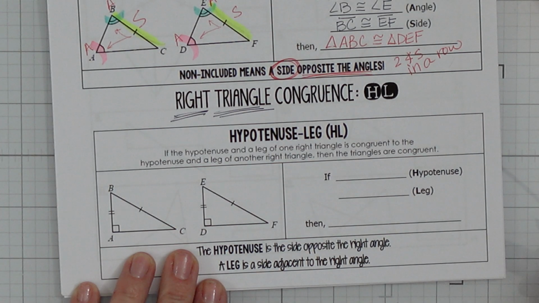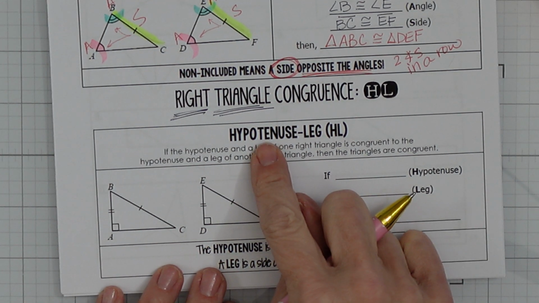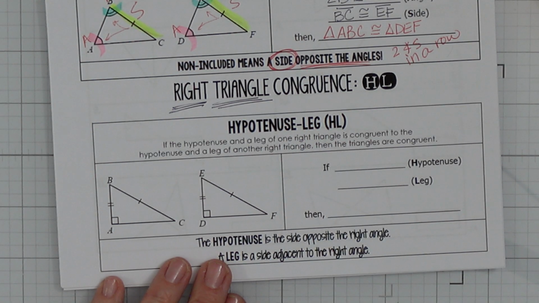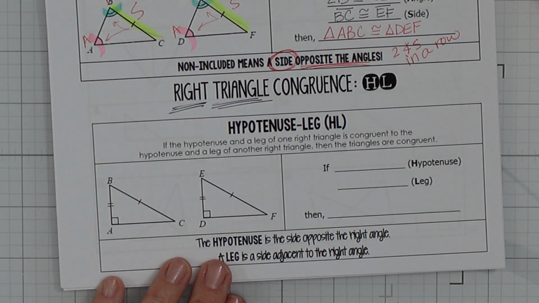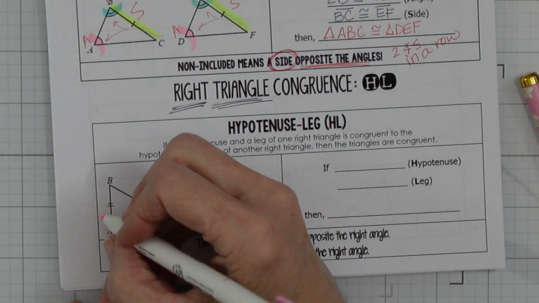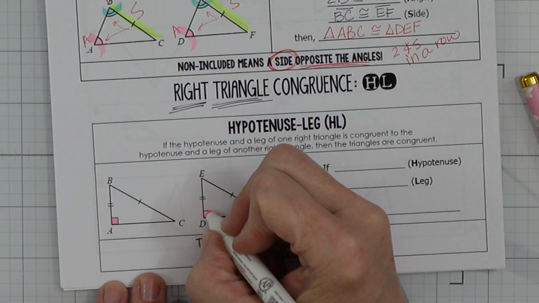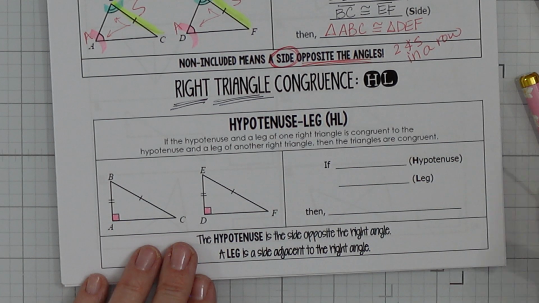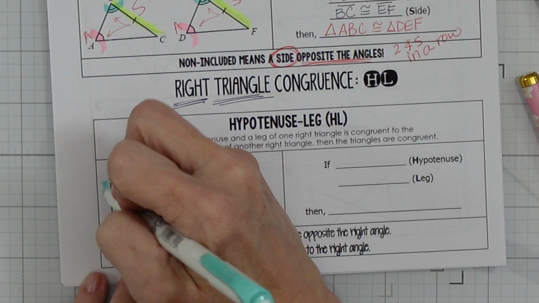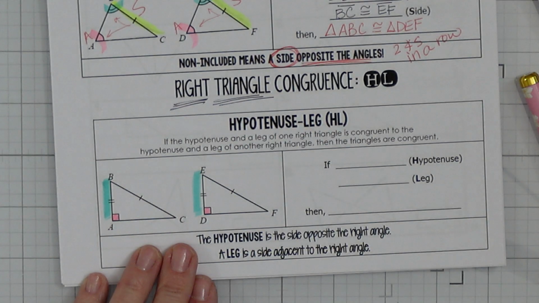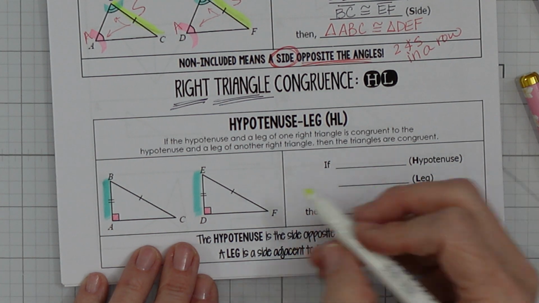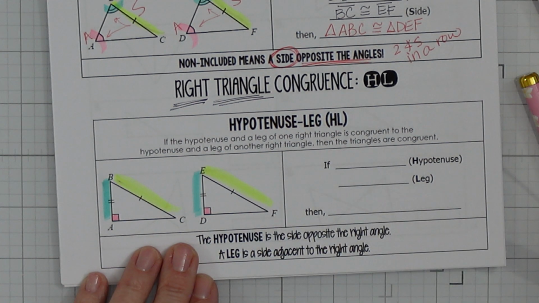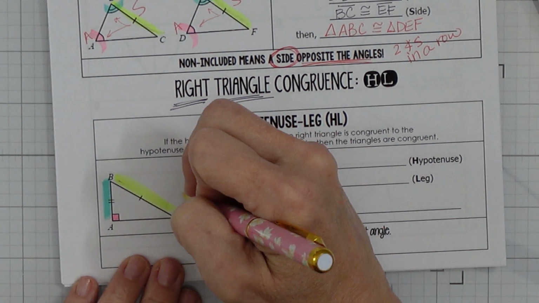Now, here's another one, and this one is really cool because this is only for right triangles. A right triangle has a hypotenuse and two legs, if you remember that from the Pythagorean theorem. I can see that right angle right there, so I know this is a right triangle. I'm just looking to see that I have one pair of legs and then the hypotenuse.